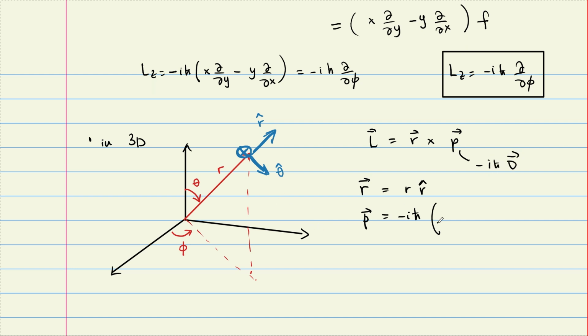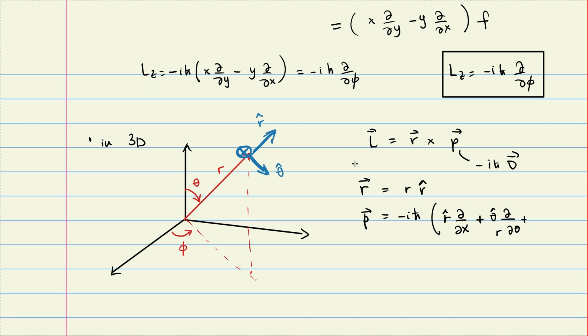But nabla is what? I can have a derivative in the r direction, plus I can have a derivative in the theta direction, but the change in theta direction is r dθ, so it's theta hat 1 over r ∂/∂θ.